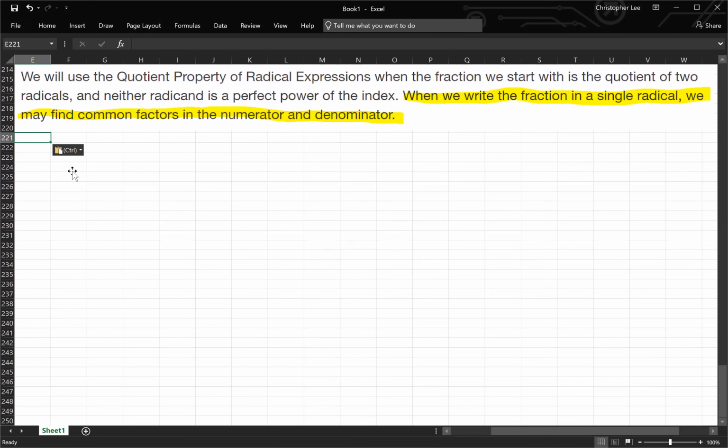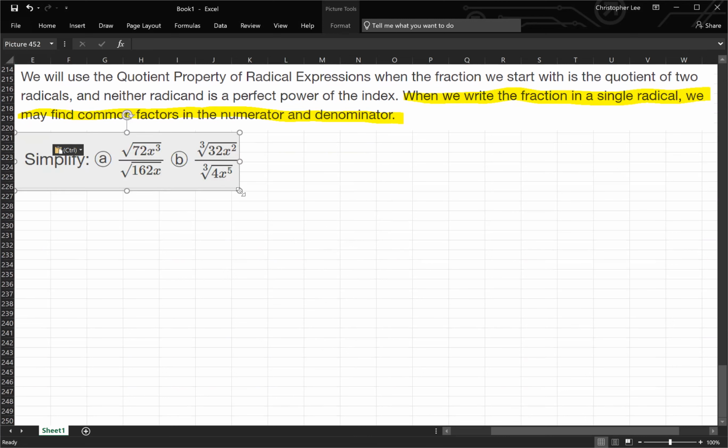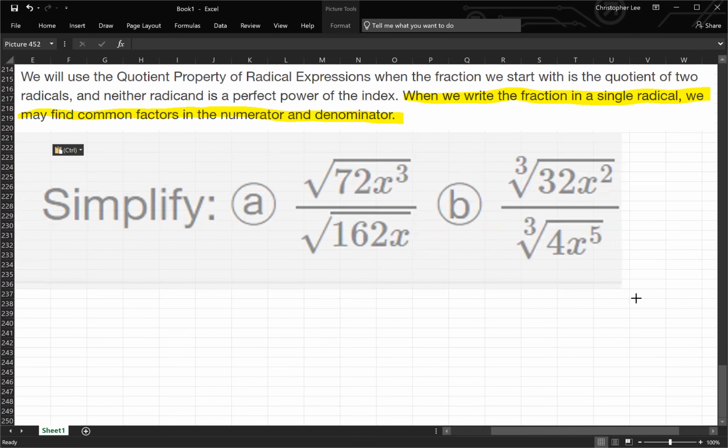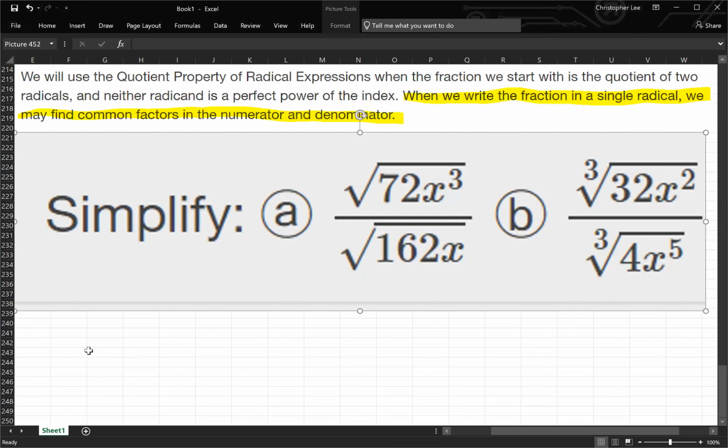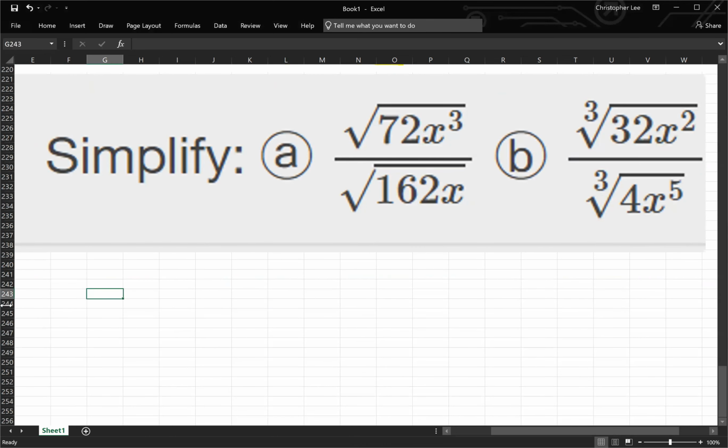So check this out. Let's say I have A and B right here. So I have the square root of 72x to the third, divided by the square root of 162x.